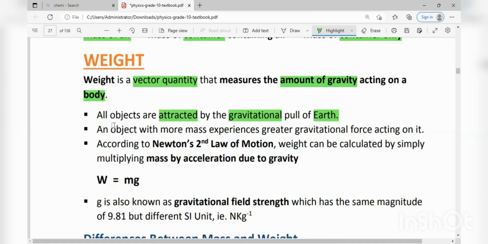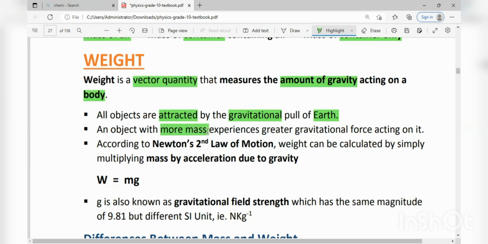Okay, so now when you measure the amount of the gravity that is found in that particular object, because of the gravitational force which is pulling it down, then you are calculating what? Weight. So an object with more mass experiences greater gravitational force acting on it.